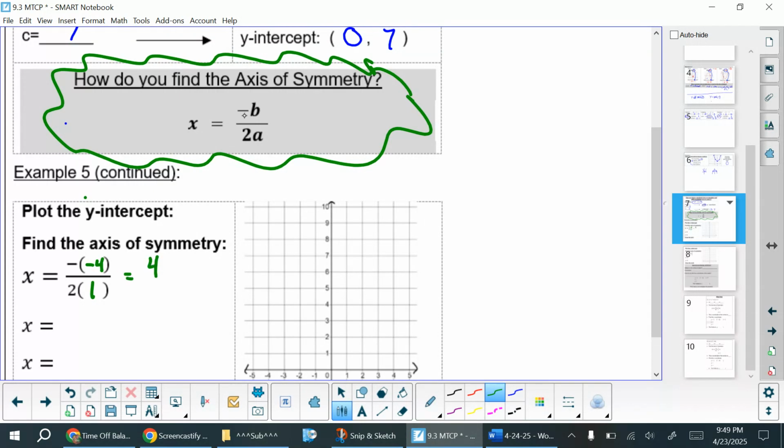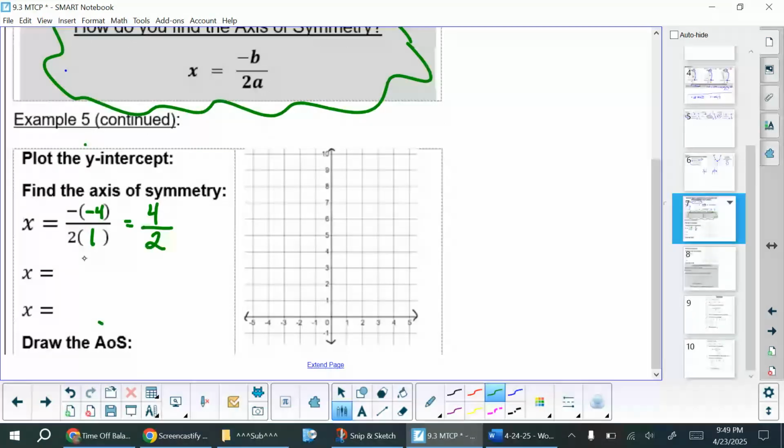I like to think of this as the opposite of b. So since b is -4, the opposite of b is +4. But you can also think of it as a negative, which is a positive. 2 times 1 is 2. And then 4 divided by 2 is 2. So my axis of symmetry is x equals 2, which I know is a vertical line through 2.